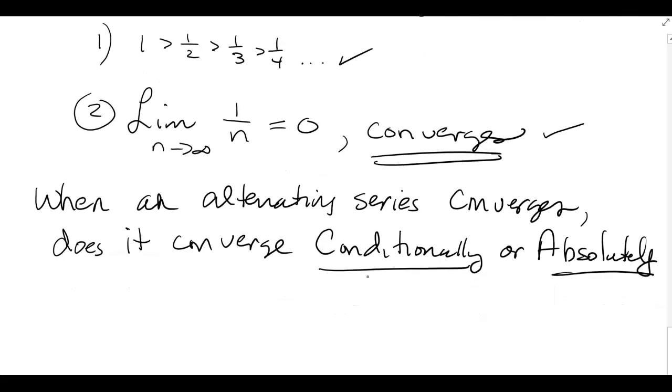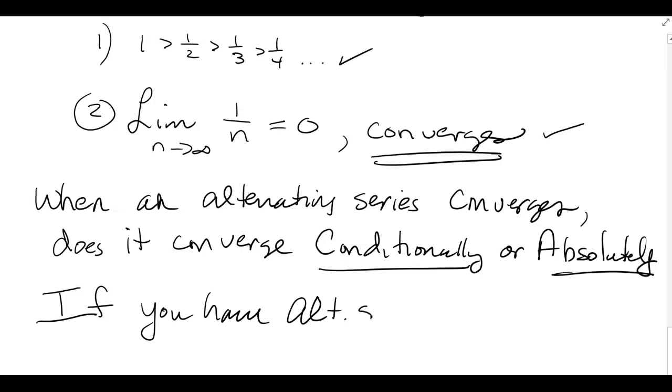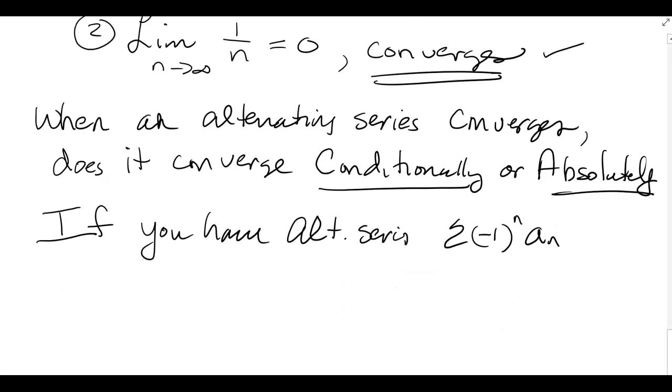So, if it converges conditionally, or let me do it this way instead. Here's the deal. Suppose you have an alternating series, the summation of negative 1 to the n times a sub n, that converges.